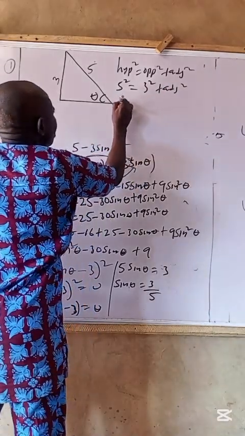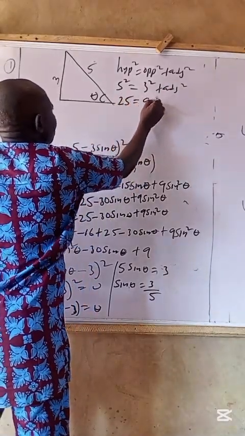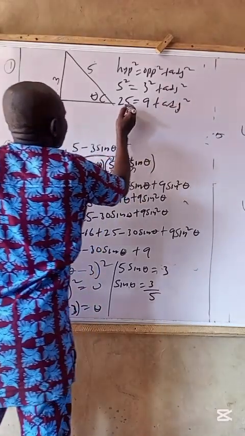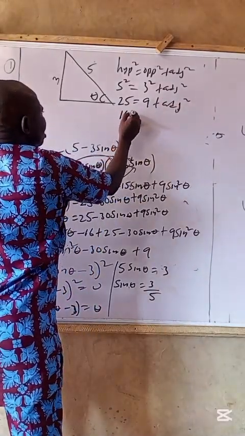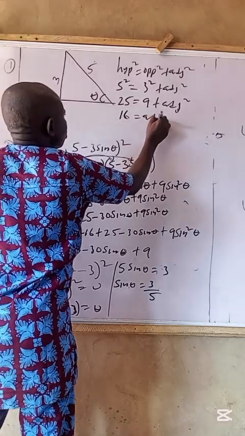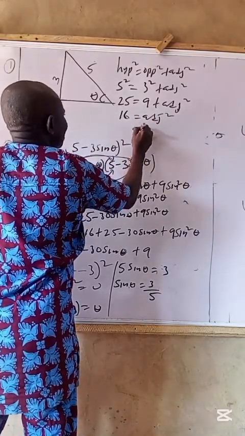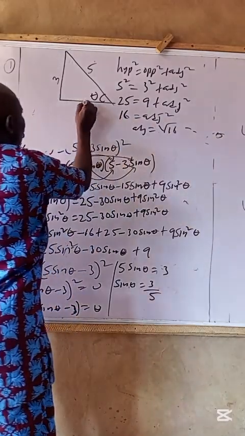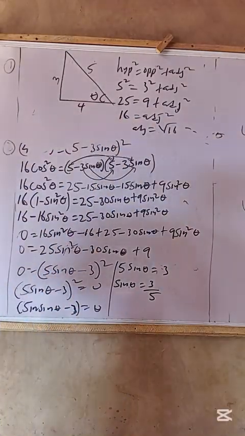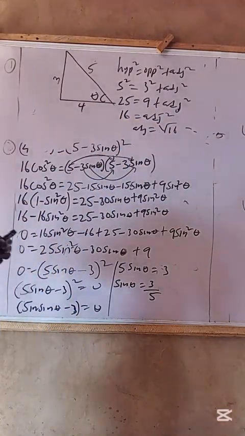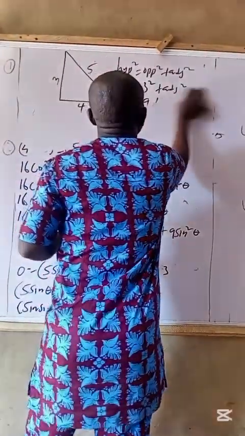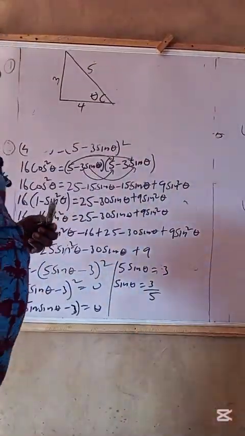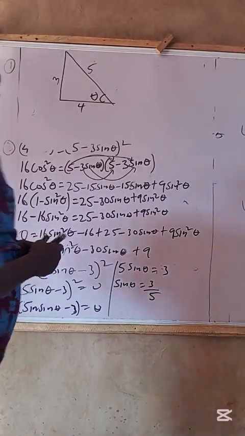This is 25 equals 9 plus adjacent square. That gives us 16 equals adjacent square, or adjacent equals square root of 16, which is 4. Here is 4.